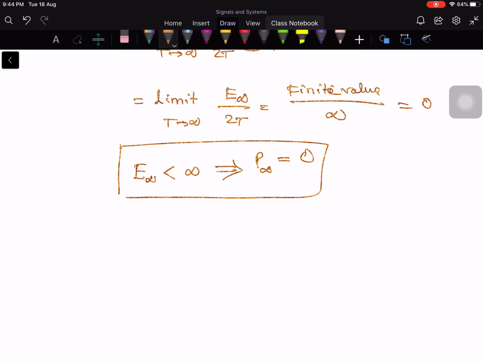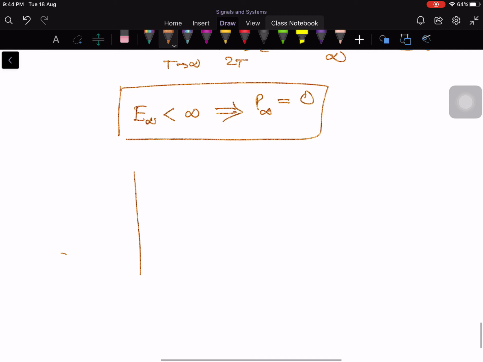Okay, an example of a finite energy signal is a signal that takes on the value 1 for, let's say, 0 to 1 second. Let's say the signal is like this. This is 0, this is 1, t, x of t.